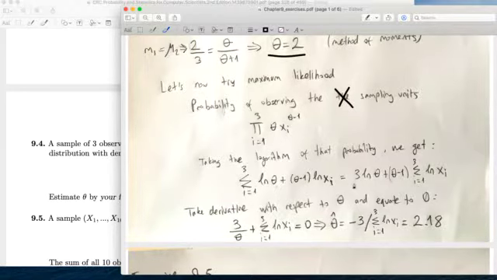The derivative of 3 ln theta is equal to 3 divided by theta. It's this term here. And for the derivative of theta minus 1, the minus 1 doesn't matter when multiplied with a constant, because the derivative of a constant term is 0. Therefore, we can ignore this minus 1 part.